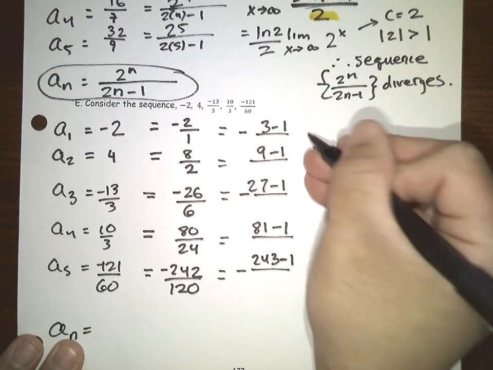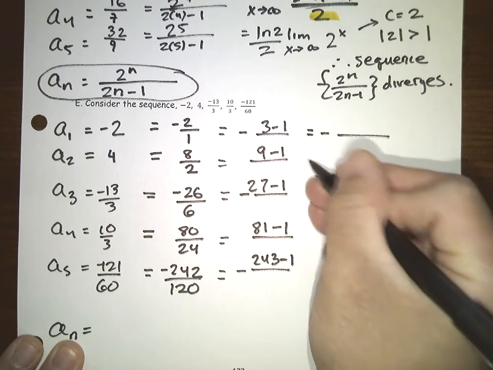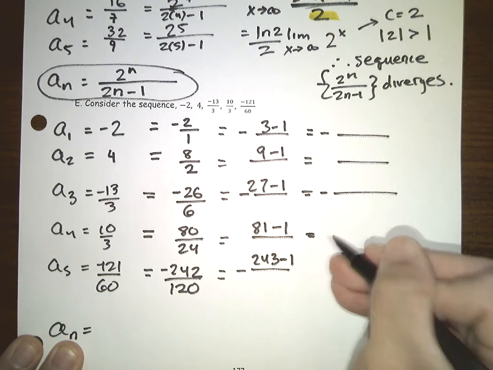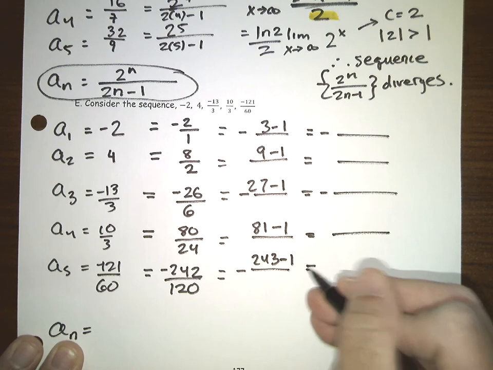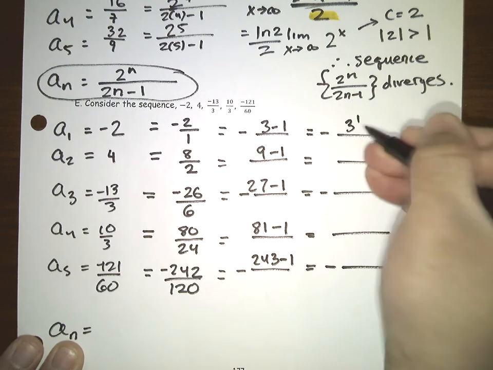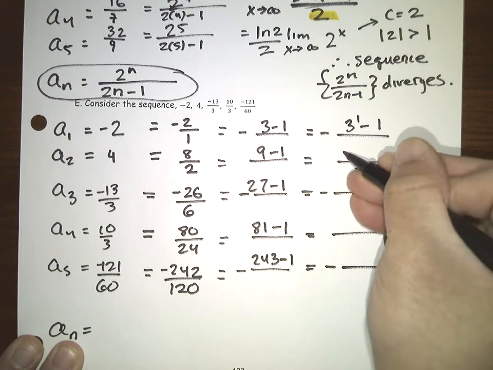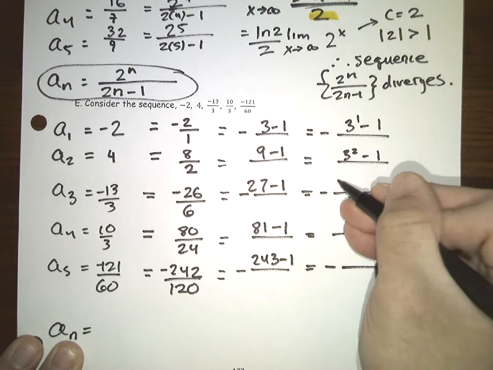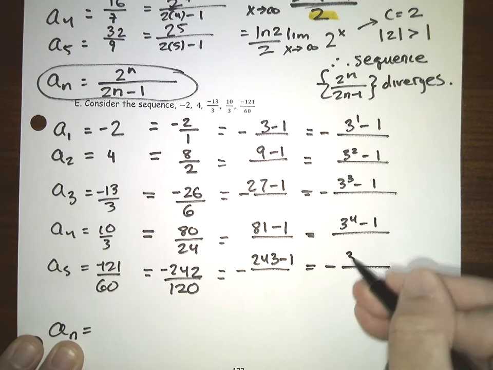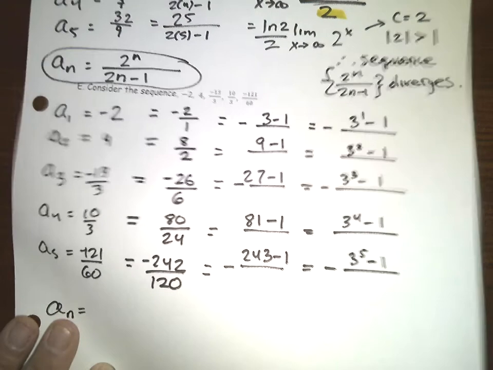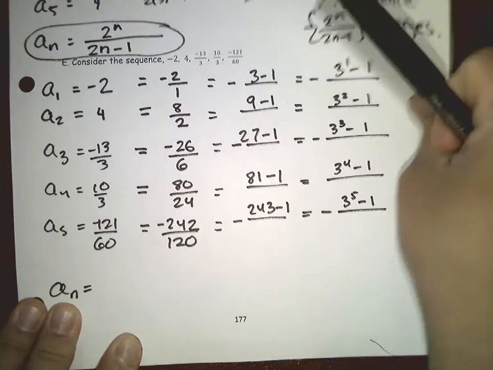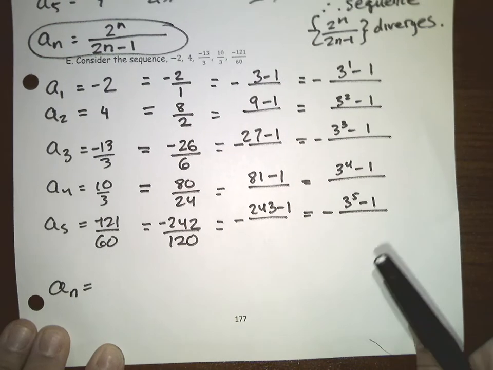So then, that should be a little bit obvious now why I happen to look for these, because these are actually the powers of 3. So 3 to the 1 minus 1, and then 3 to the 2 minus 1, 3 to the 3 minus 1, 3 to the 4 minus 1, and 3 to the 5 minus 1. So that's similar to how I looked for the powers of 2 in the last example. I tried looking for powers of 3 in this example.